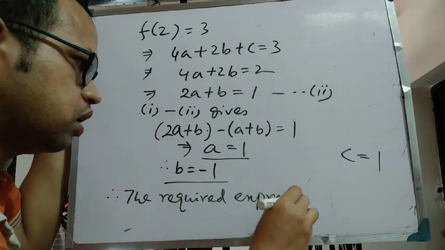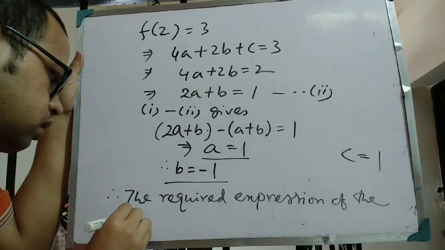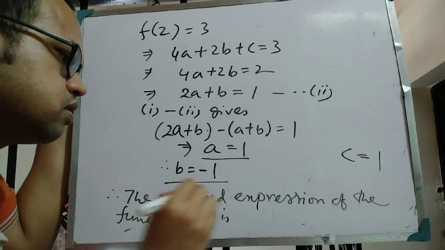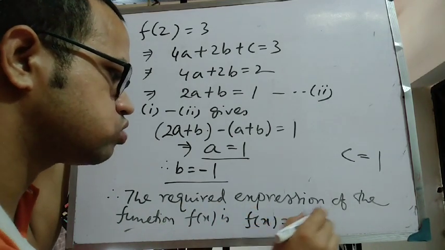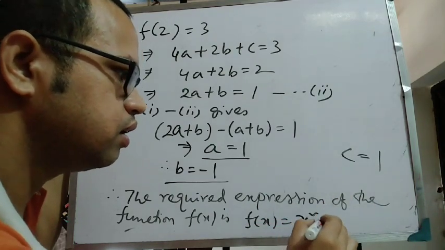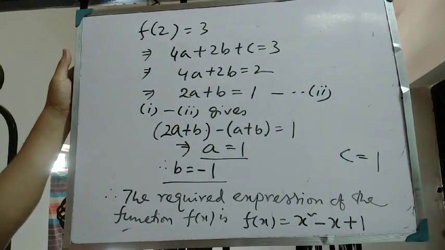So the required expression of the function f(x) is, substituting the value of a which is 1, x square, b is -1, x plus 1.